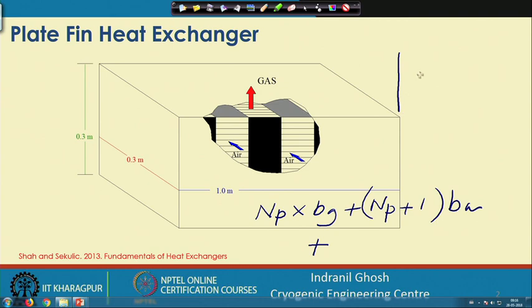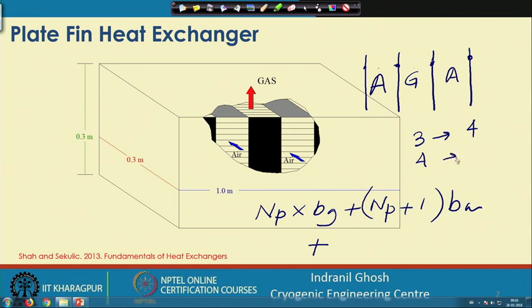If we have 3 streams, say gas, air and another air, then we have 4 separating plates. For 4 streams we have 5 plates. So always, if we have N p plus 1 plus N p streams, the number of plates is one more.